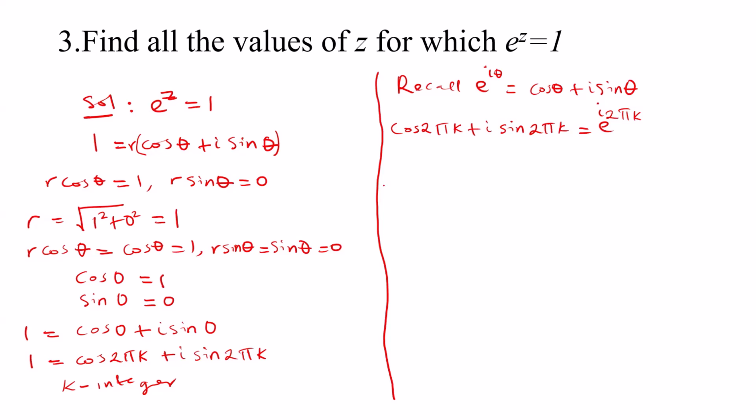So now we know that 1 is the same thing as exponential i 2 pi k, and this is the same thing as exponential z.